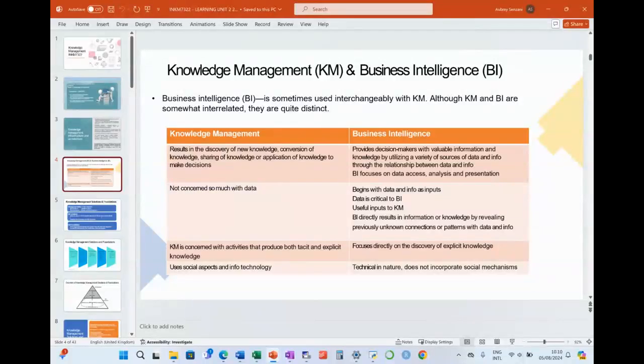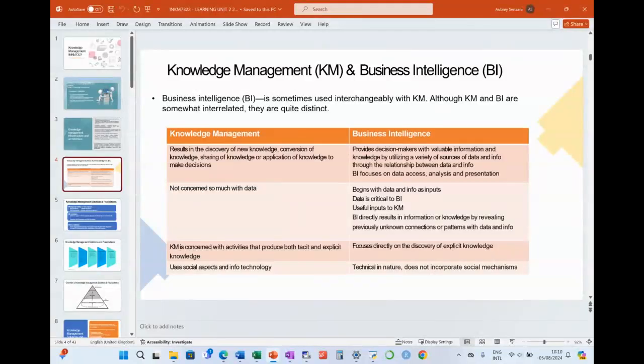Then the first thing they really begin to touch on in this new learning unit of ours is that there is a difference between knowledge management and business intelligence. Very close relationship, but there is a difference. Okay, knowledge management results in the discovery of new knowledge, conversion of knowledge, sharing of knowledge, and application of knowledge to make decisions.